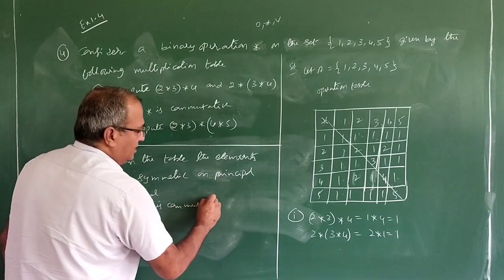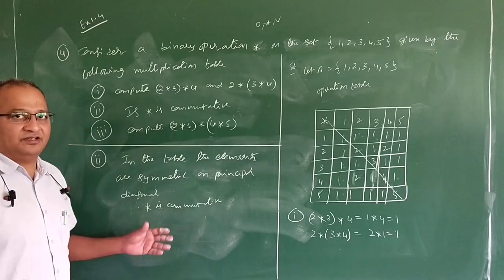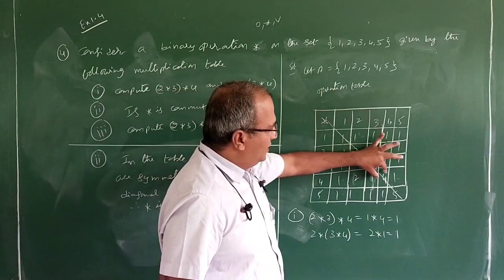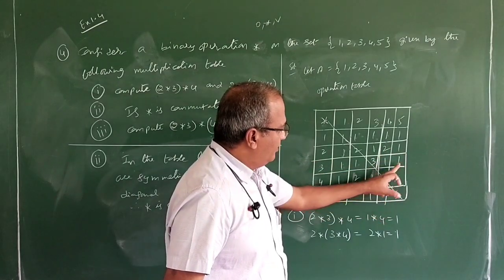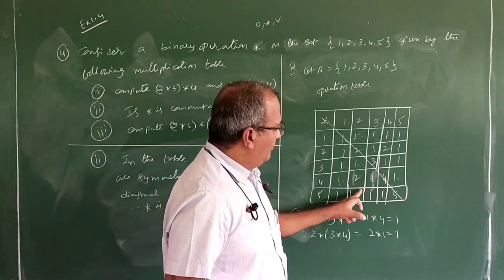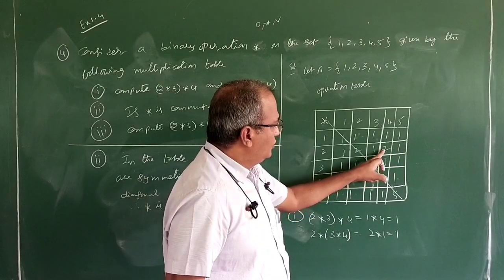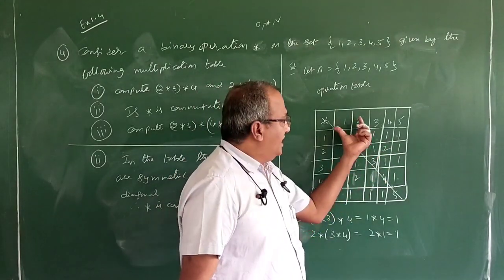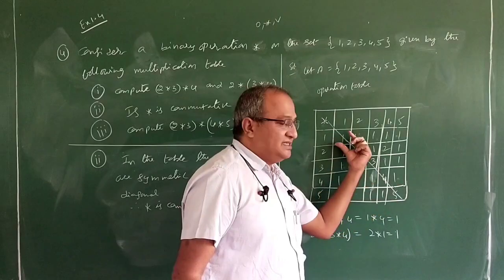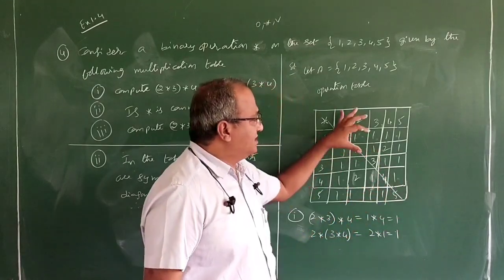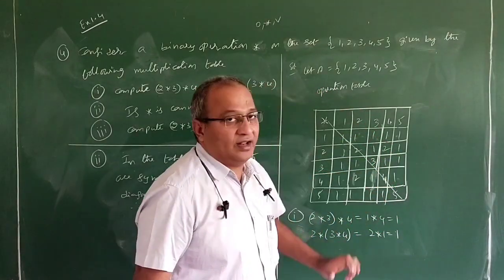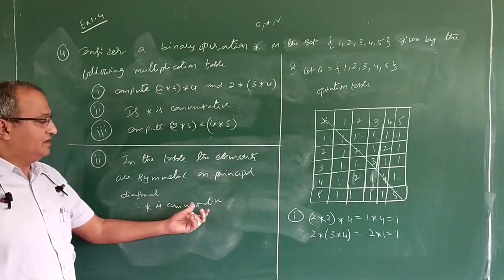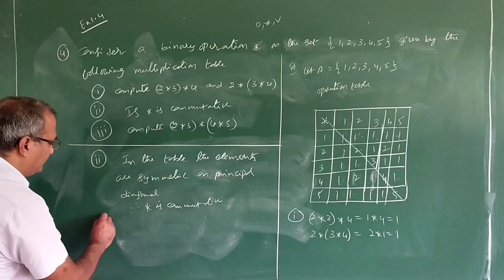Once again, here on the principal diagonal: 1 1 1 1 1 1 1 1 2 1 2 1. Then what do we say? The elements are symmetric about the principal diagonal. When the elements are symmetric about the principal diagonal, then the table satisfies commutativity. Therefore, star is commutative. Next, the third problem.